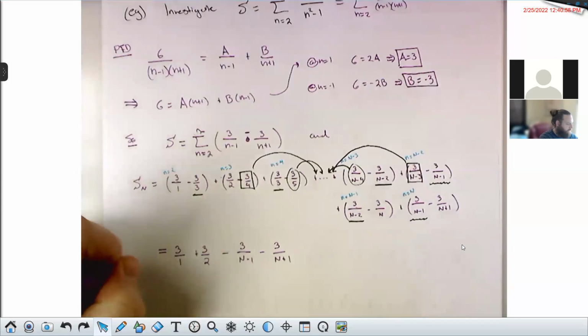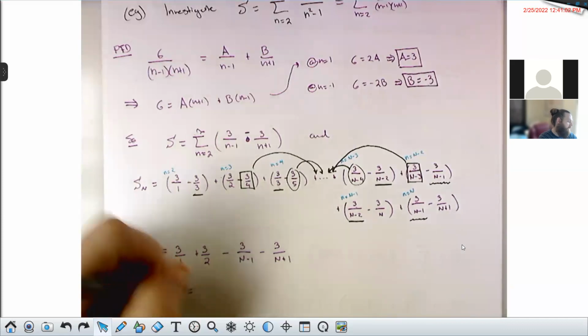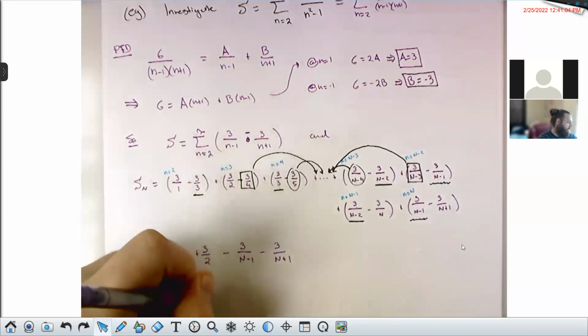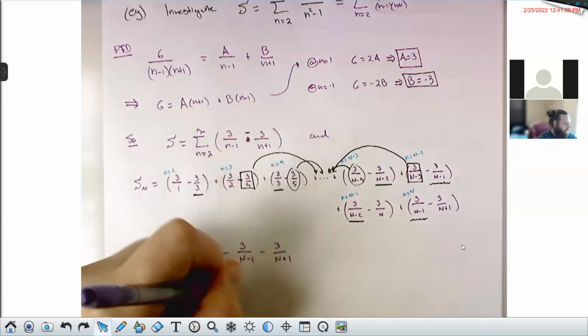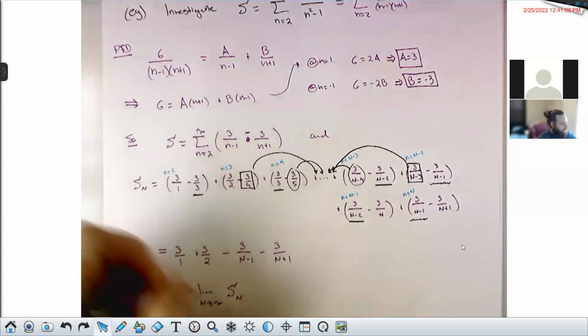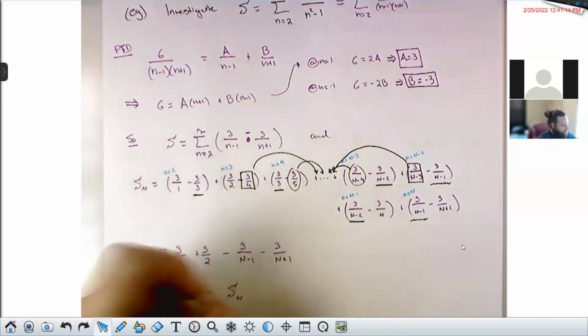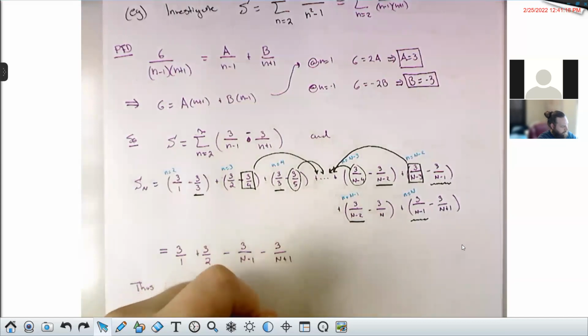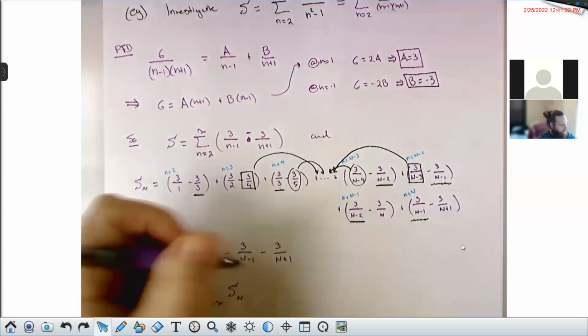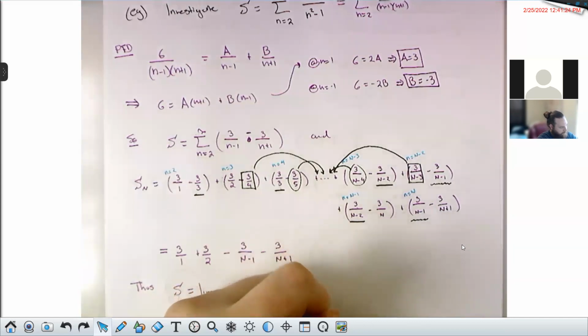So now we're done. Now we can say thus, S is the limit as capital N goes to infinity of S of capital N, which is the limit as capital N goes to infinity of 3 plus 3 halves minus 3 over n minus 1 minus 3 over n plus 1.